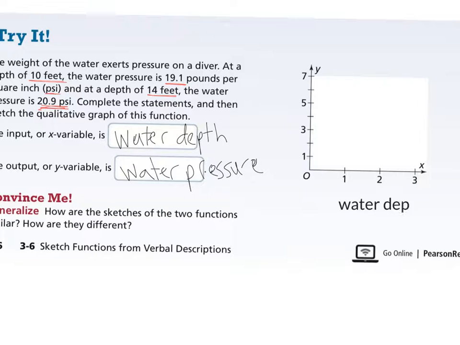Make sure you put your units for that. That's water depth in feet. You can abbreviate feet if you'd like. And then on our y-axis we'll put water pressure. And you can abbreviate pounds per square inch, like we talked about, as PSI.